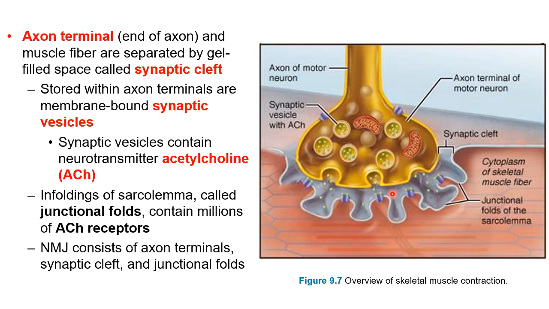Now, once acetylcholine gets dumped there, it's going to go very quickly to the, what's the name of the channel? Chemically gated sodium channel. This sodium channel has another name. It is called nicotinic cholinergic channel.